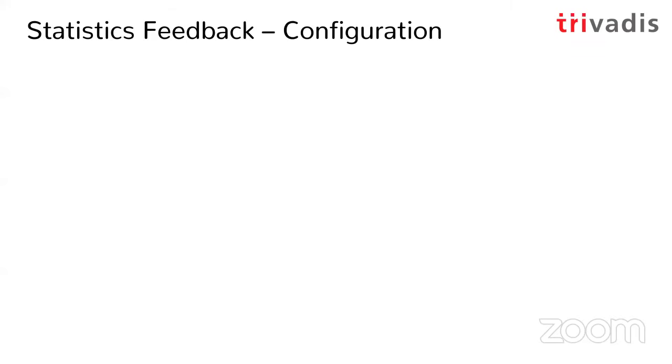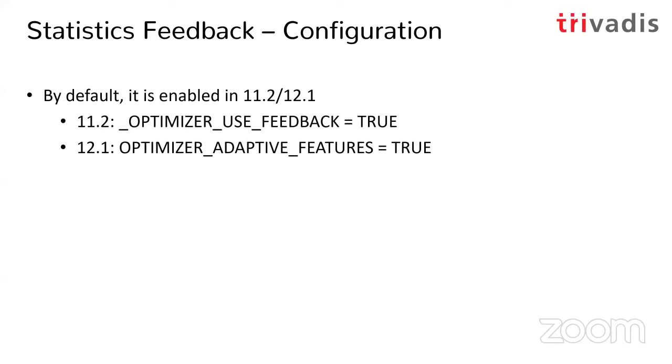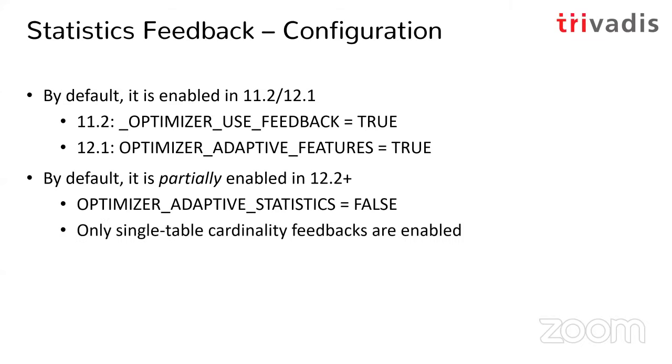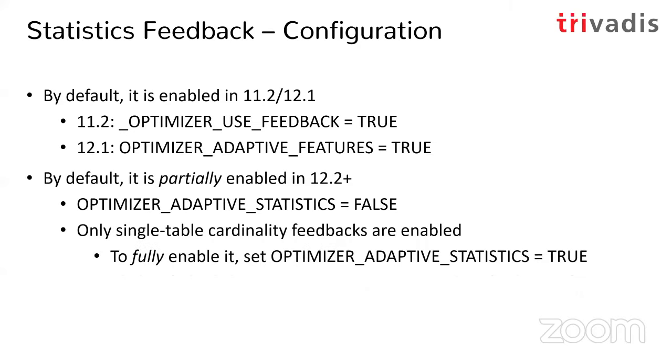Just a few comments about the configuration of statistic feedback. Notice that in 11.2 and 12.1, by default, it is enabled. Okay, so it kicks in by default. Here are the parameters that control it if you want to change this behavior. In 12.2 and later, it's partially enabled. That means it kicks in for single table cardinality misestimates like the one I showed you, but not for join cardinalities.